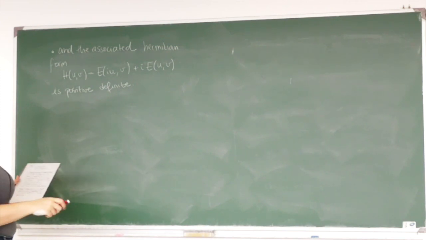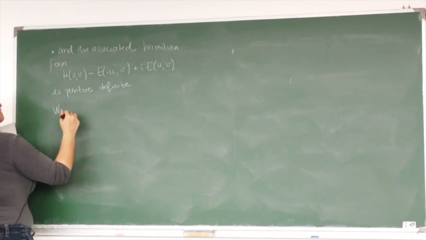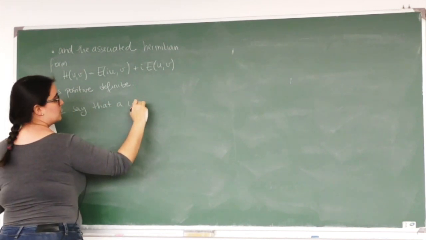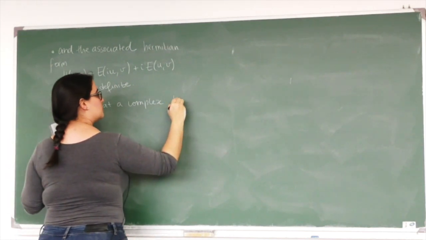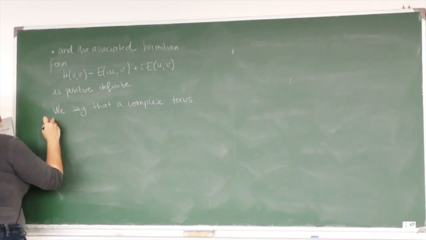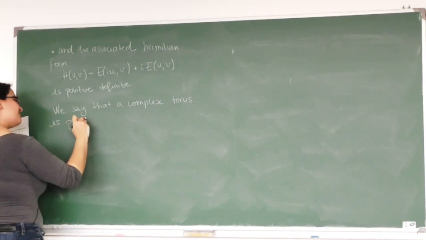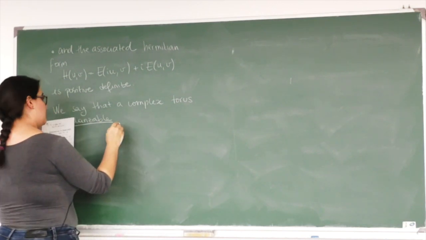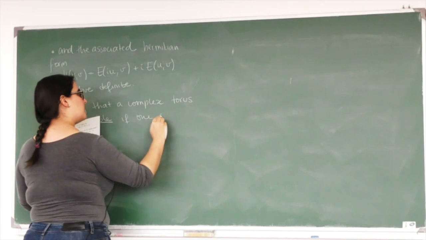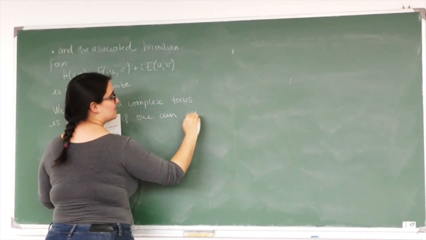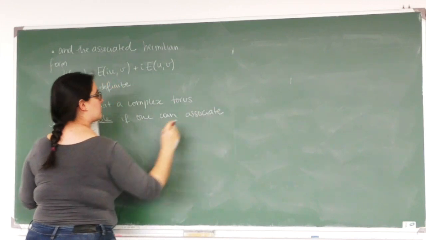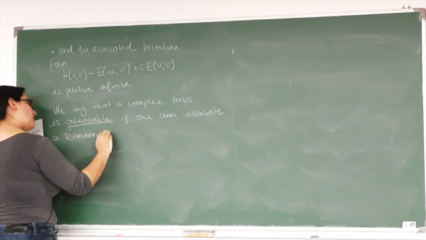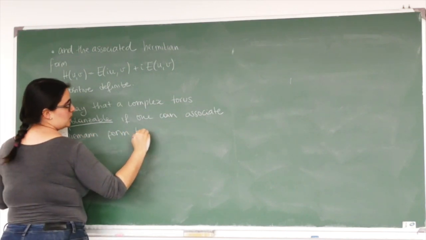Okay, so we have this object, and we say that a complex torus is polarizable if one can associate a Riemann form to it.